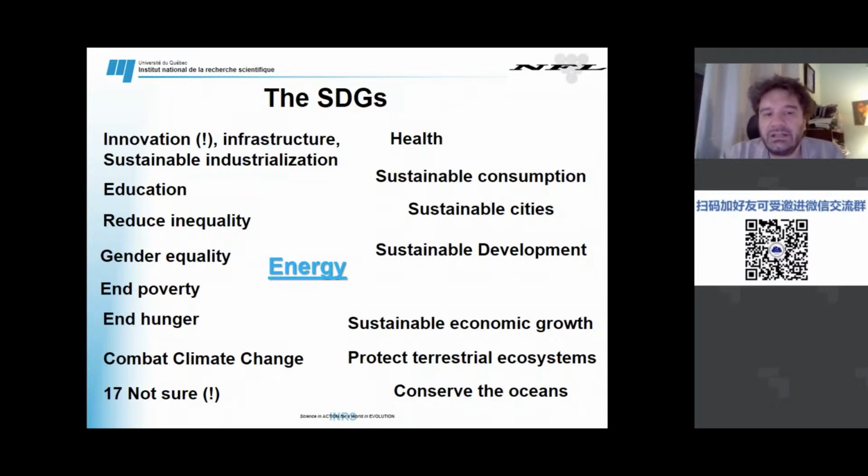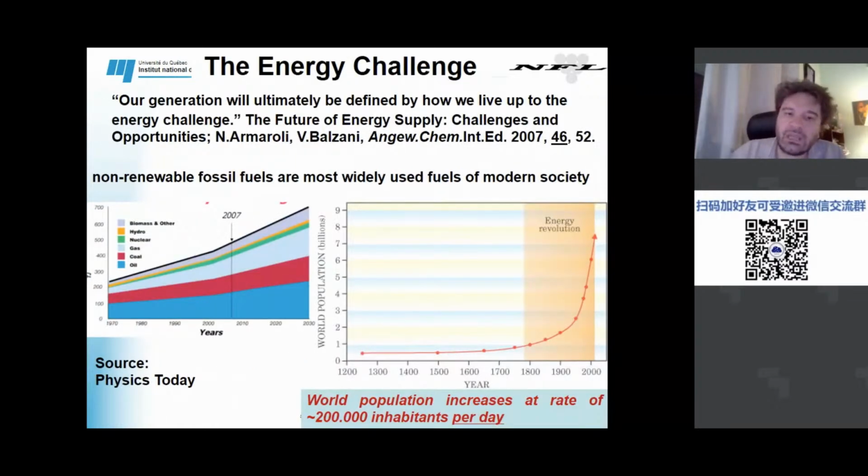Addressing the energy challenge, of course, will help make cities sustainable, will help for sustainable development and sustainable economic growth, will help in combating climate change, as well as ending hunger and poverty and reducing inequalities and addressing education. So at the end of the day, all these goals are important, but energy, I think, is central to addressing most of them.